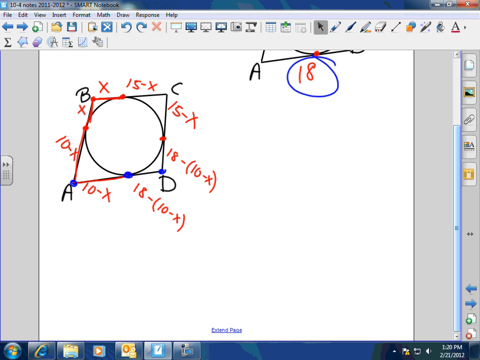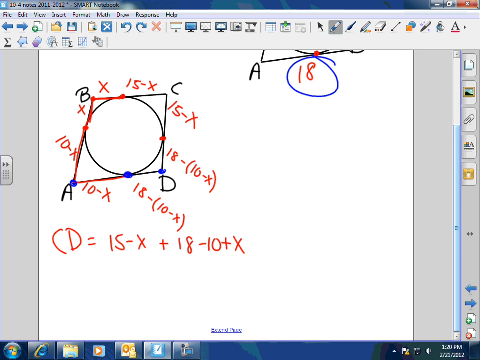So now, what do we do? I want to find CD, so I've got to find what X is. How do I find out what X is? What do we do here, guys? Doesn't CD equal 15 minus X plus 18 minus 10 plus X, gentlemen?